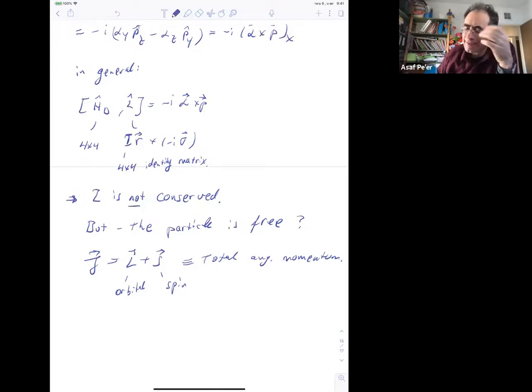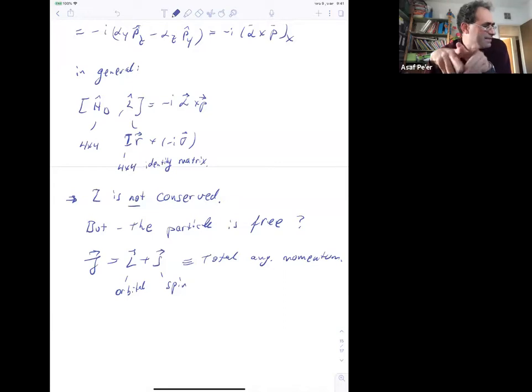Very cool, but it takes time to make sure that you follow everything. Guys, I review some basics of angular momentum, and especially basics of angular momentum in quantum mechanics, because we're going to use that in the next week.